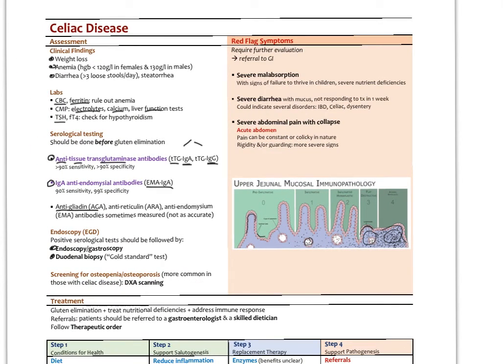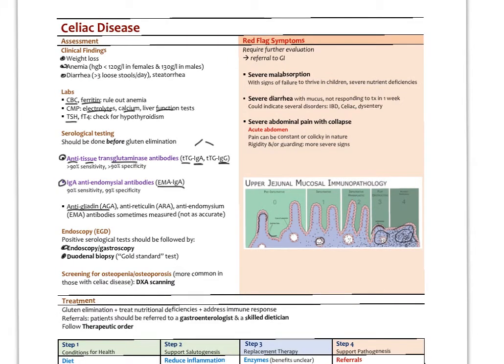We'd also importantly need to do, in celiac, screening for osteoporosis and osteopenia, and that is done biomedically through something called DEXA scanning. And so that's using an X-ray scan of the femurs, the hips, sometimes ankles, to tell us about bone density. Now, red flag symptoms: we want to probably refer most cases of celiac for proper assessment to a gastroenterologist, if you're adjunctive care or PCP or whatever.